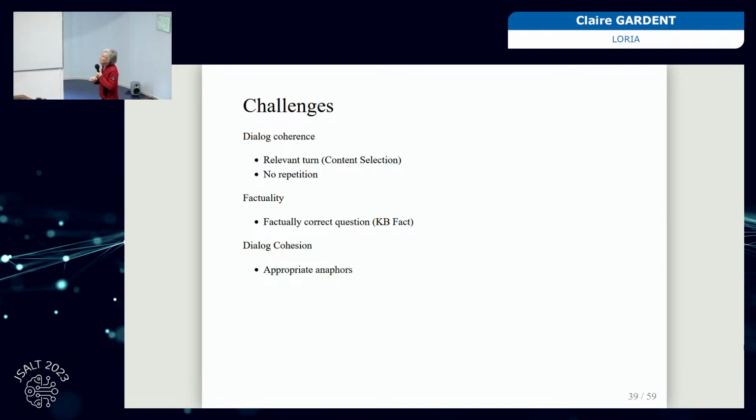For coherence, we want to know: did the model generate a turn that is relevant with respect to the dialogue context? Is there any repetition, so is the generated turn repetitive with a previous dialogue turn? Is it factually correct, I mean, does the question match a fact in the knowledge base? And we also looked a little bit at cohesion. In dialogue, you have a lot of pronouns, so are those pronouns used properly?